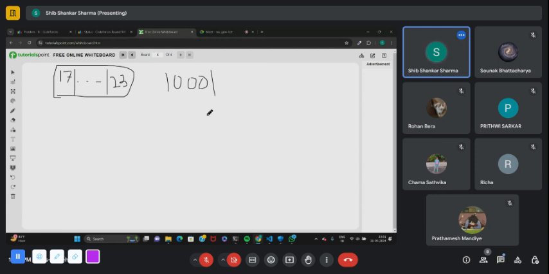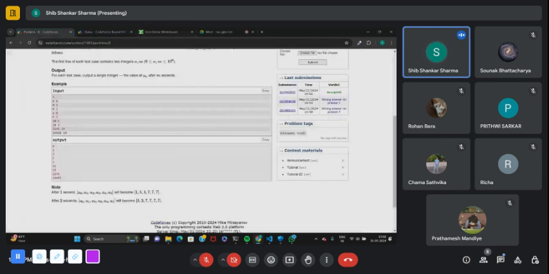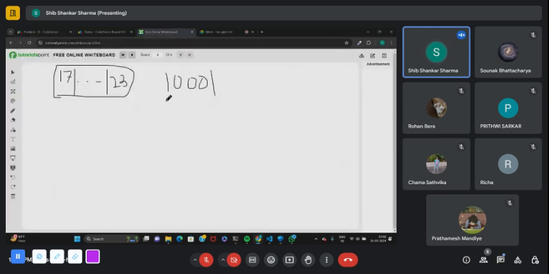Now, instead of looping through all the numbers from 17 to 23 and taking all of them, that time complexity will be big O of n, right? But according to the given constraints, n and m can be as big as 10 to the power 9. So obviously that will result in a TLE.